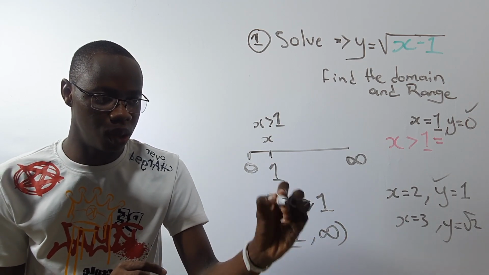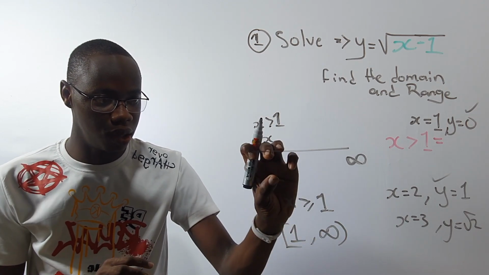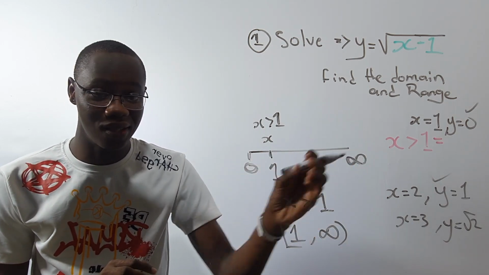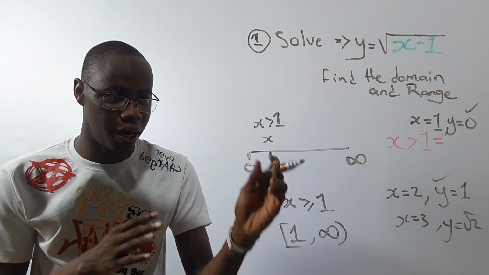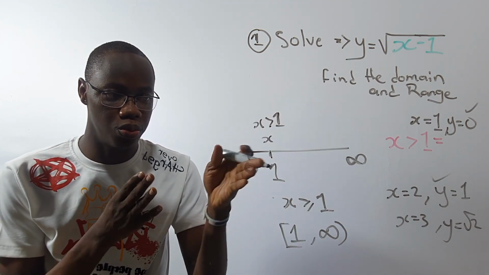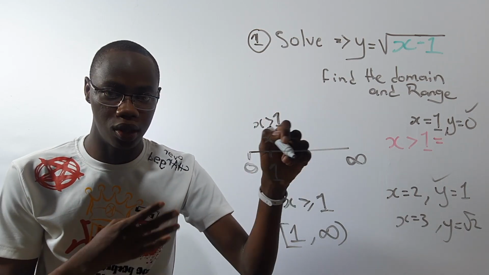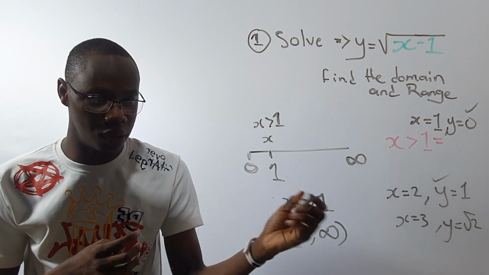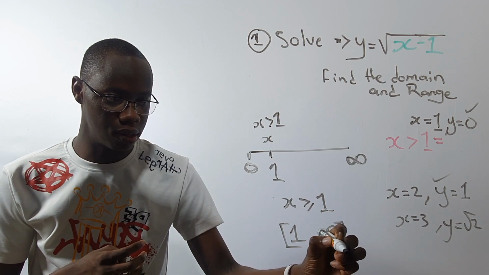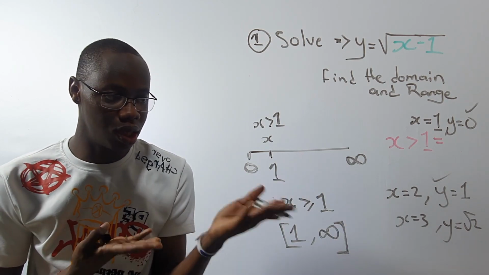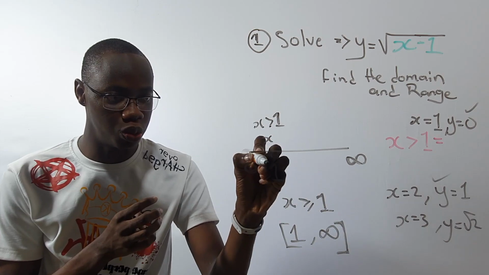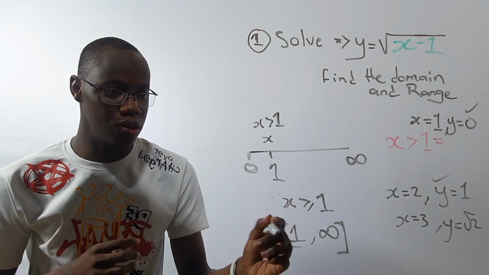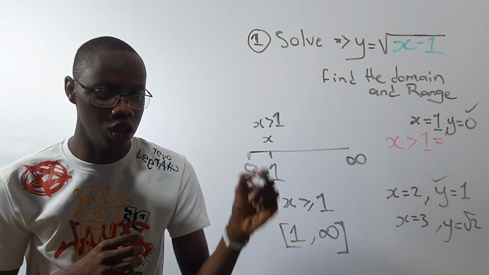So 1 is inclusive, meaning if you see these brackets like this, it means inclusive, meaning 1 is among 1 to infinity, but I'm not adding infinity because my value for the range is between 1 and infinity. But obviously you can never have infinity, so I'm not including infinity. If I should include infinity, it will look like this. You get? But I'm not adding that one because it doesn't make sense. I want my x to be 1, 2, 3, and to infinity, but it can never be equal to infinity. So 1 to infinity, not inclusive.